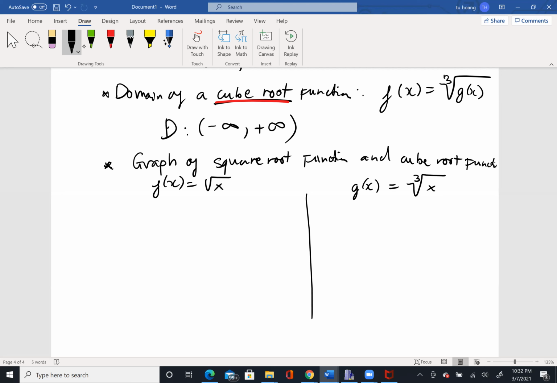I can start with a table of values of x and g of x. Let's start with 0 for x.